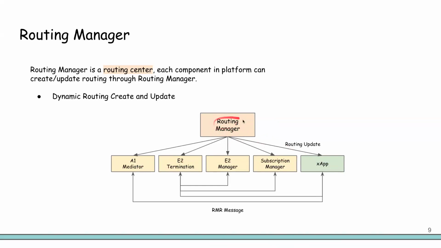After the routing manager knows they need to update the routing path, it will distribute the updated routing path to each component. So they can communicate with each other according to this updated routing path. So the dynamic routing table can also be used at runtime.